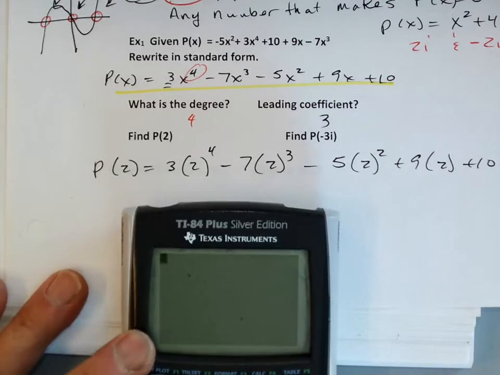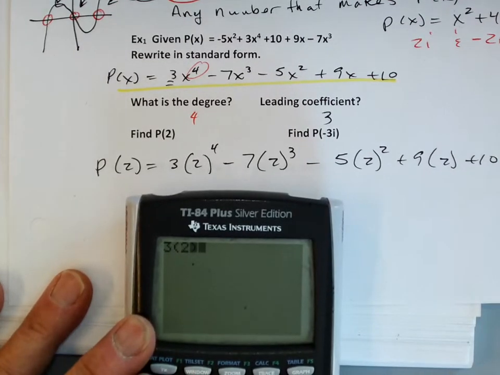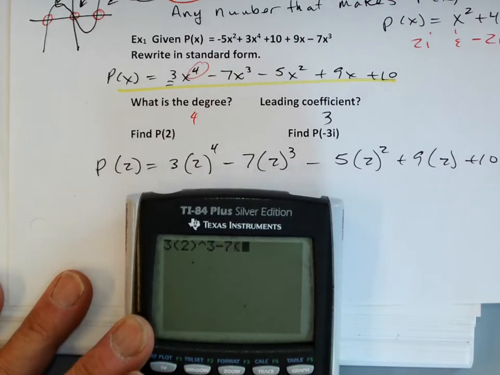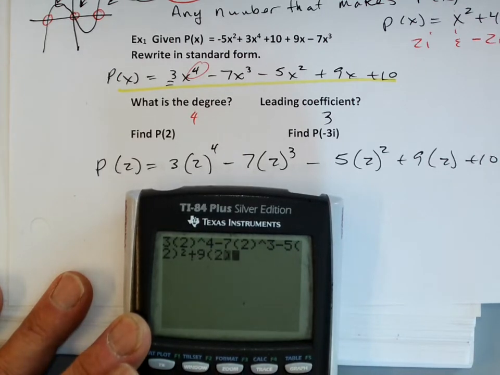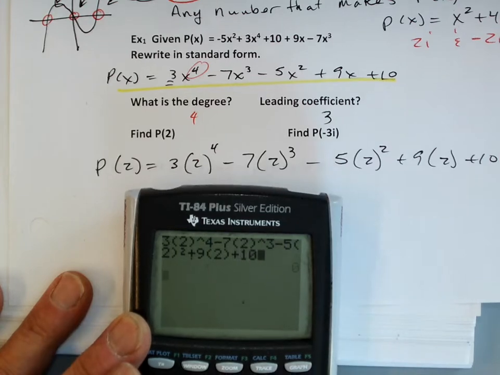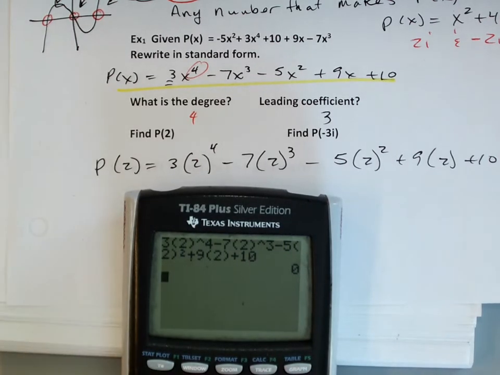Oops, I have a mistake, don't I? 2 to the 4th power. Now I can answer it. Oh, I got a 0. Oh, that's kind of cool.